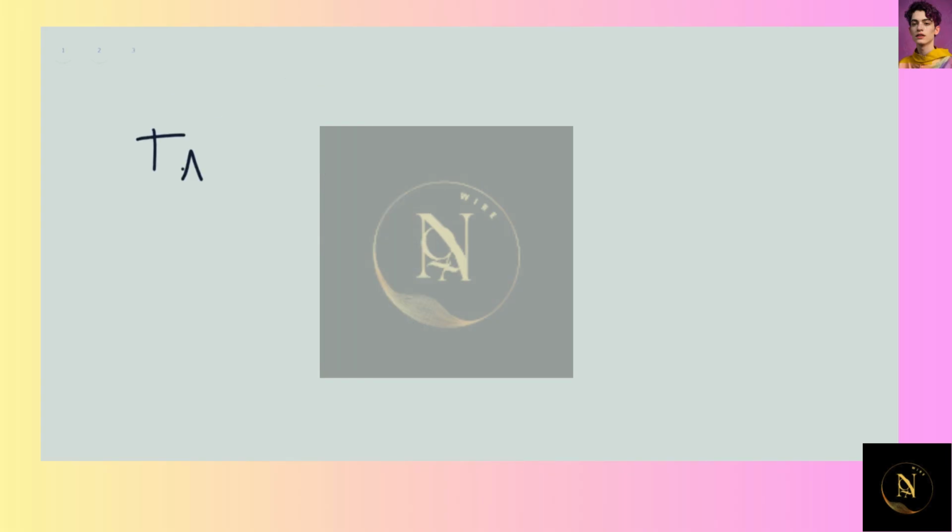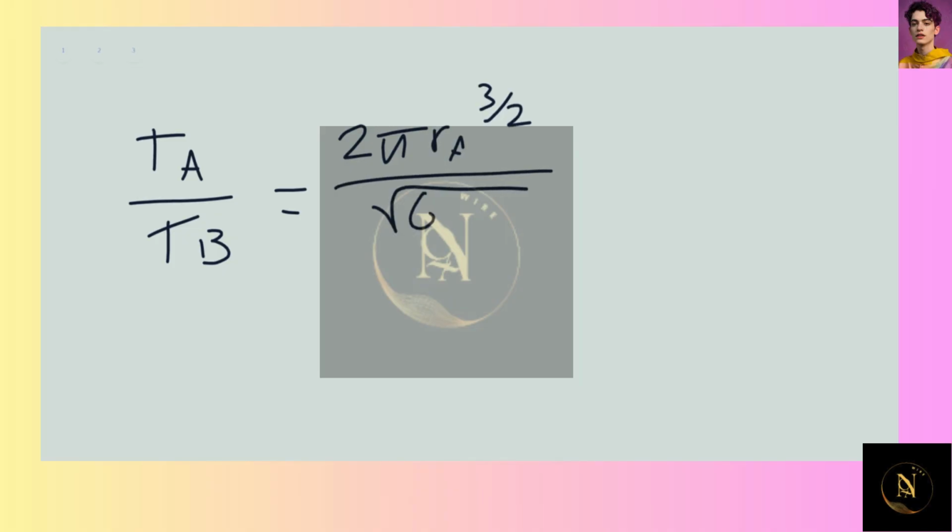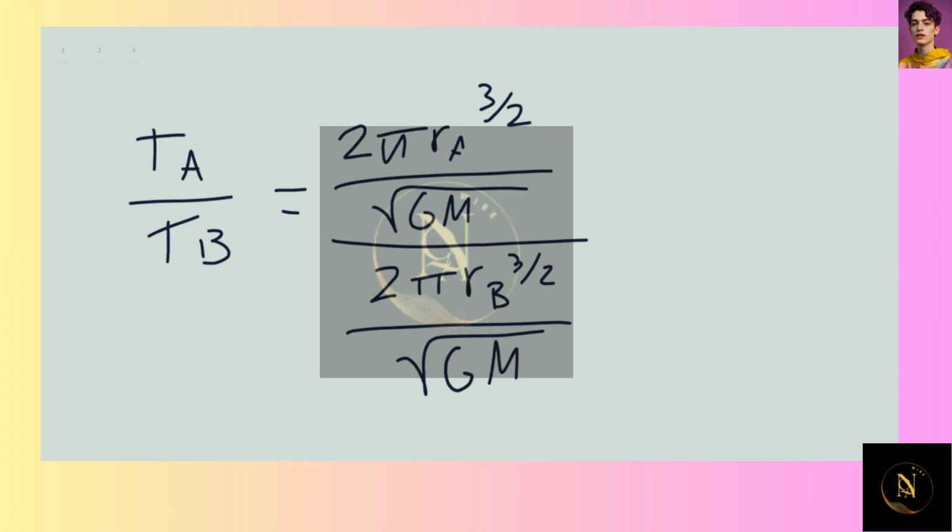Well, if we have TA over TB, we get that those are equal to what we just found, 2 pi rA to the power of 3/2 over the square root of G big M, and that all over 2 pi rB to the 3/2 over the square root of GM.